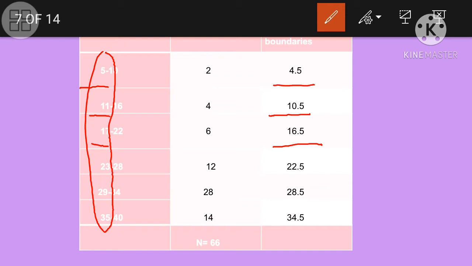We just need to subtract 0.5. Just like the others. 23 minus 0.5 is equal to 22.5. 29 minus 0.5 is equal to 28.5. 35 minus 0.5 is equal to 34.5.